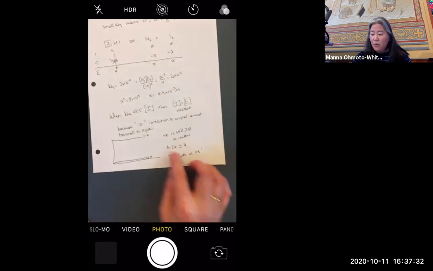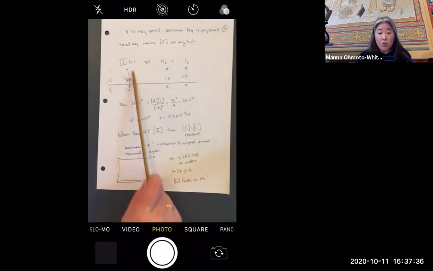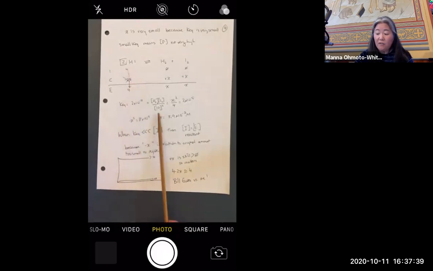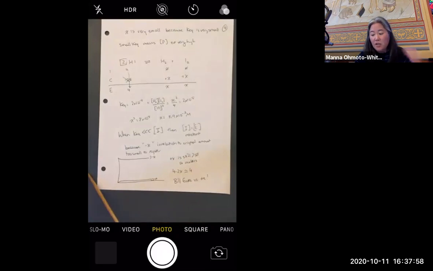Well, say that I just assume that, and instead of plugging in 4 minus 2x quantity squared for my HI concentration, I just plug in 4. I end up with an x value of 0.0089, which is pretty close to the 0.01773. So it's within my range of acceptable values. This is called the 5% rule.